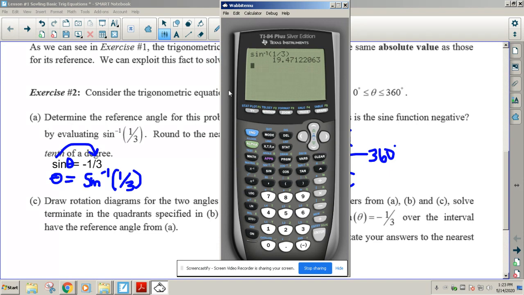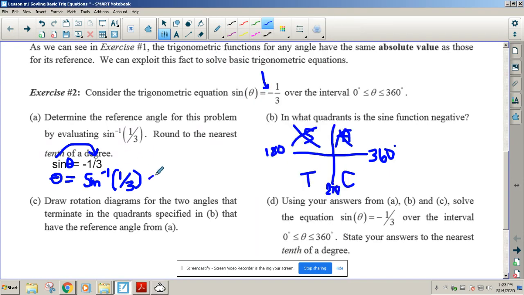Now that's going to be pretty important because once I get to here, this means that theta is a 19.5 degree reference angle. That means what happened over here is I went beyond 180 by 19.5 degrees.